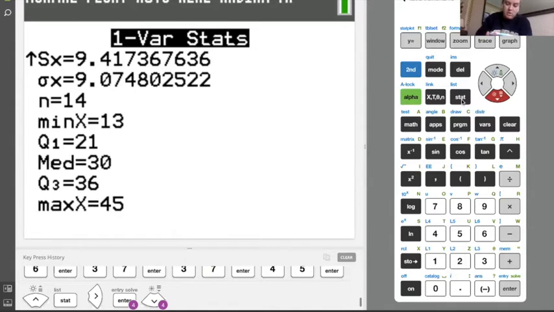And so that would be 15. Okay, so going back to the notes, so that's the data that we use from our calculator.